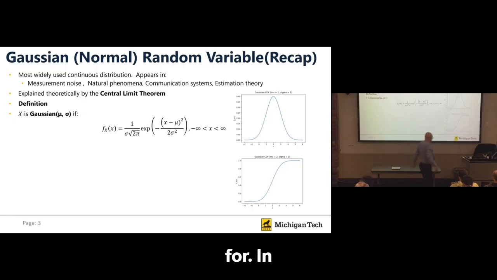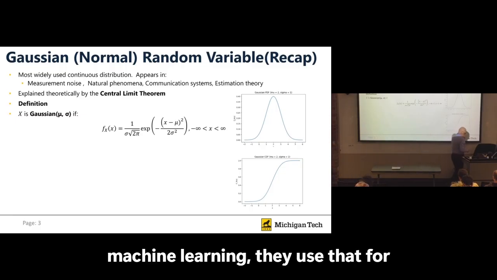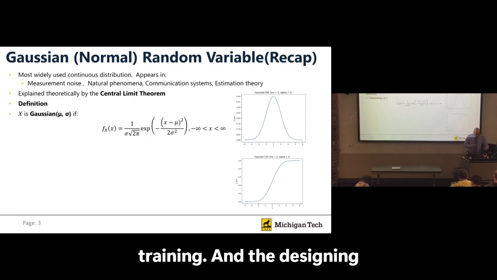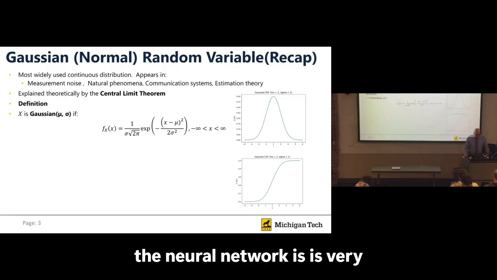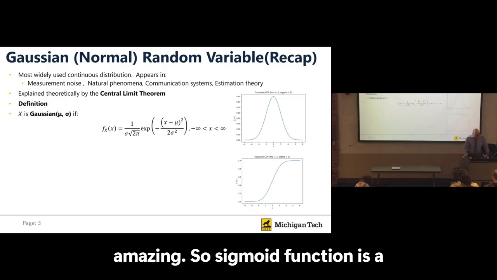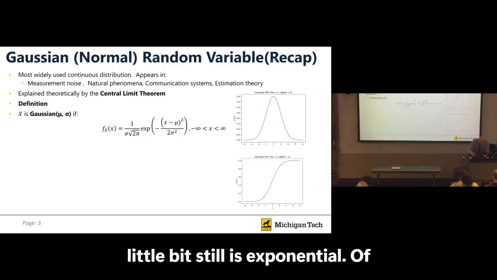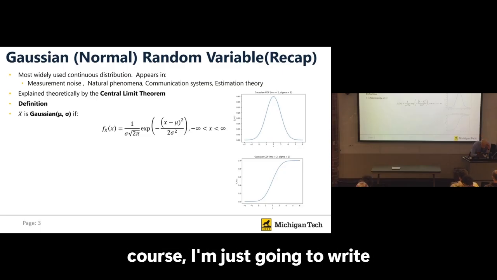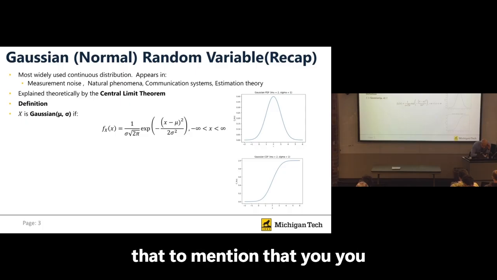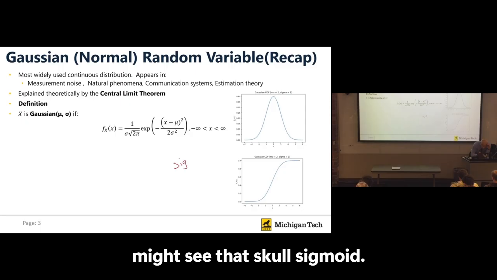In machine learning, they use that for training, and designing the neural network is very amazing. So a sigmoid function is still exponential, of course. I'm just going to write that to mention it. You might see that; it's called sigmoid.